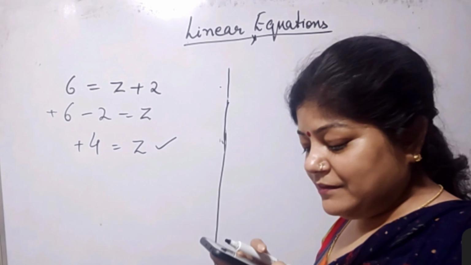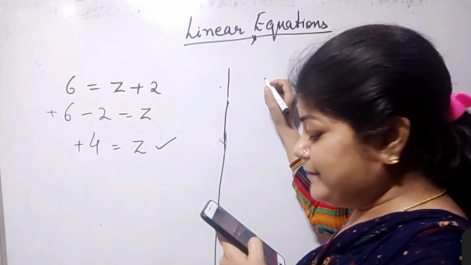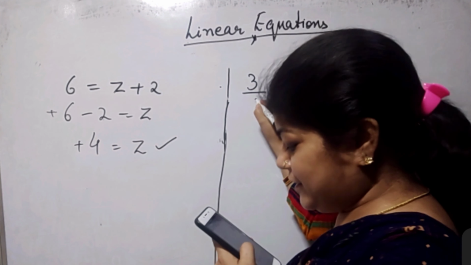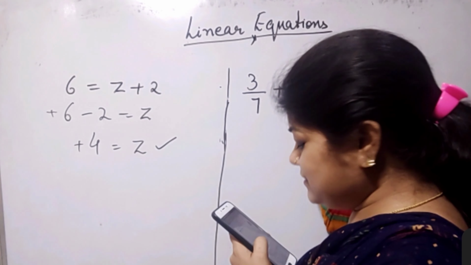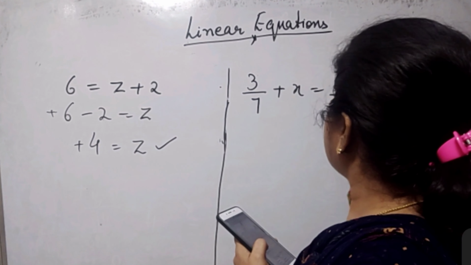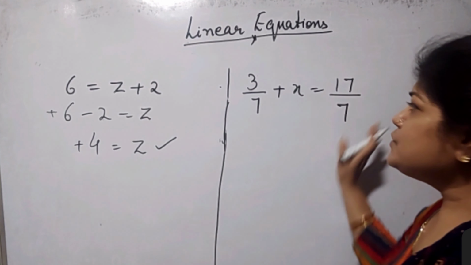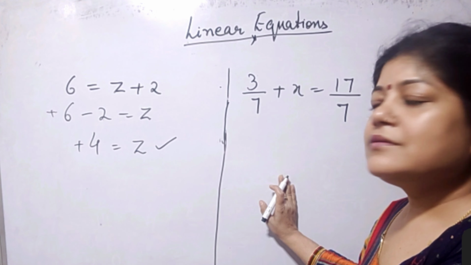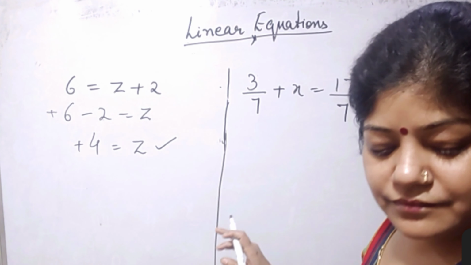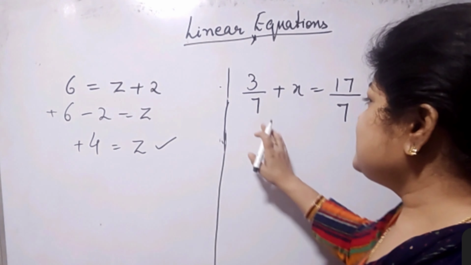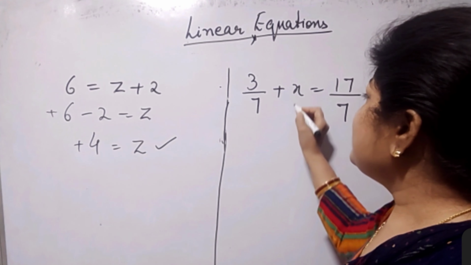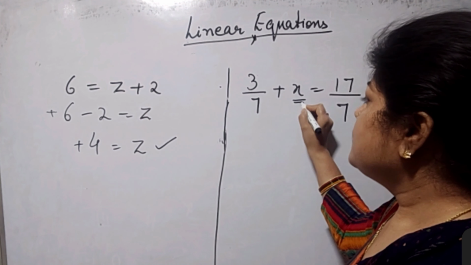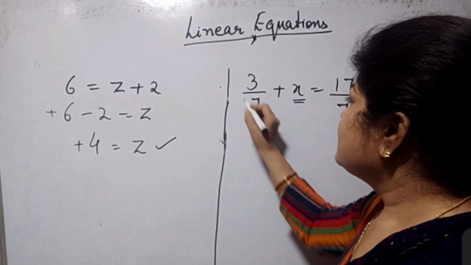Now the fourth one. Now there are a type of rational numbers, that is the fractions along with these. Okay. May you solve this? No, ma'am. Just tell me, where is the variable? Ma'am, the variable is after 3 by 7.